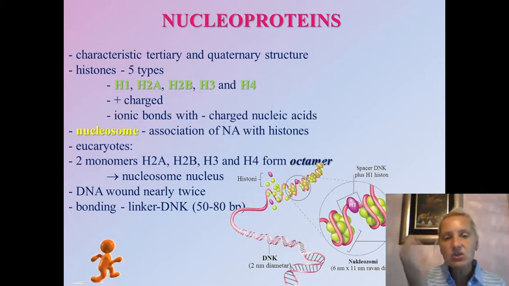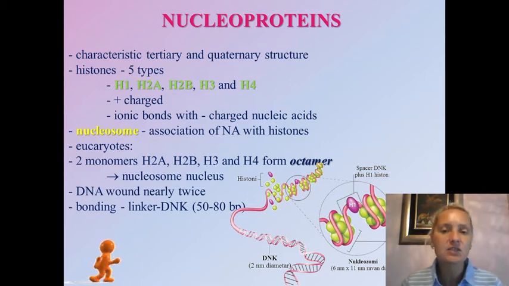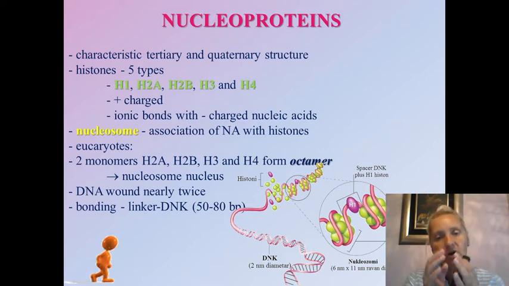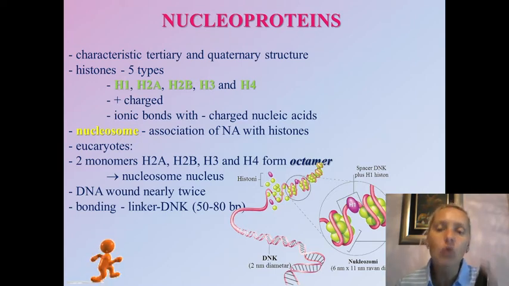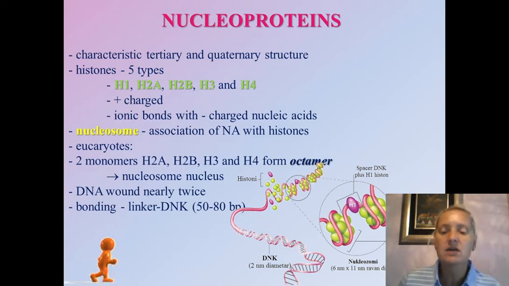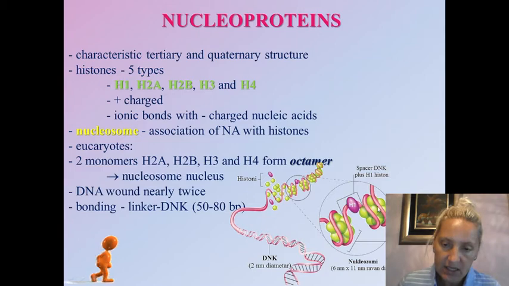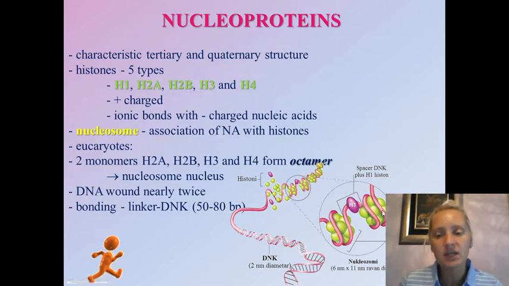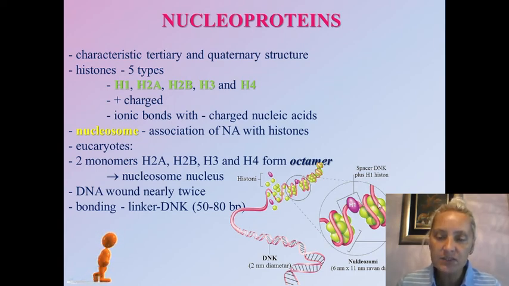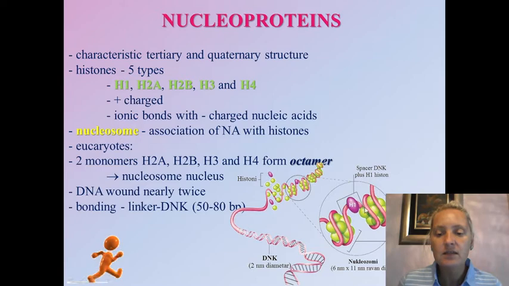Those 8 molecules tend to form an octamer, and that octamer is the core of the future nucleosome. You can see it here in yellow-green shaded globular structures. So we have 8 histones forming a very specific octamer, and 2 of those monomers are forming the nucleosome.